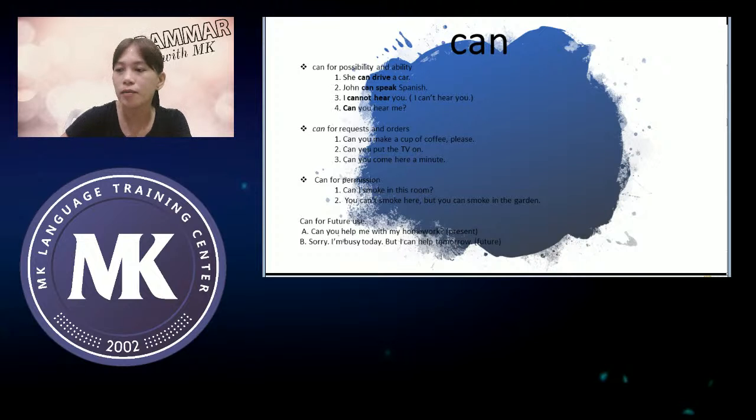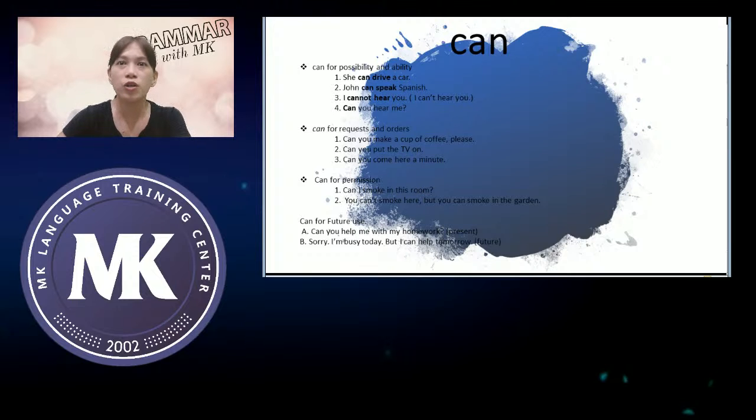So we have here the example: can you help me with my homework? This is present tense. For letter B, sorry, I'm busy today, but I can help tomorrow. So this is for the future, future ability. The decision is in the present tense, but can help tomorrow is for the future.